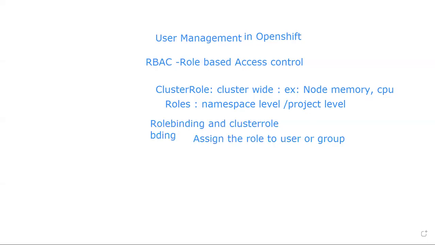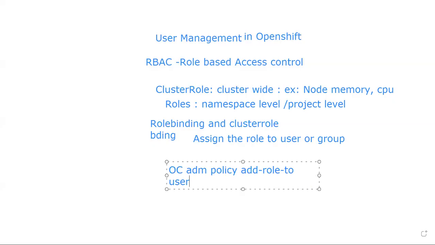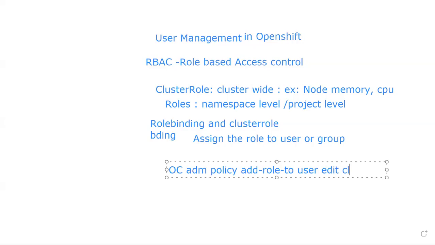Now in OpenShift, you need to apply a policy. For example, oc adm policy. This is the CLI where you will give add-role-to-user, and then the role, so you say edit, then the user, Bobby.